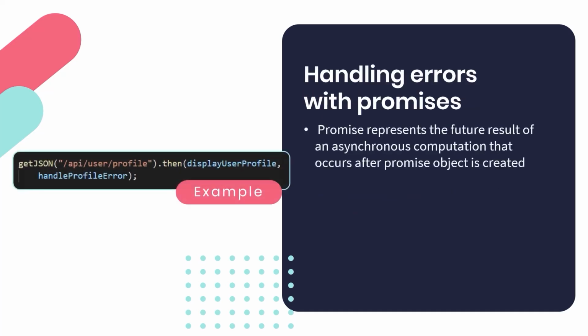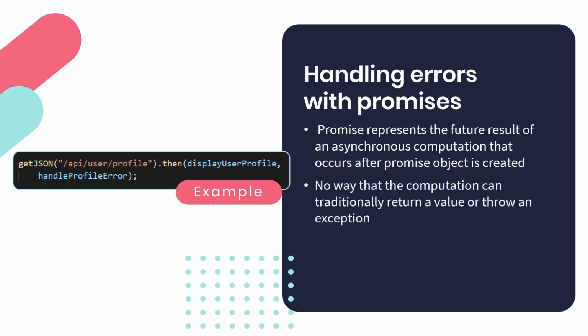A promise represents the future result of an asynchronous computation that occurs after the promise object is created. Because the computation is performed after the promise object is returned to us, there is no way that the computation can traditionally return a value or throw an exception that we can catch. The functions that we pass to then provide alternatives.